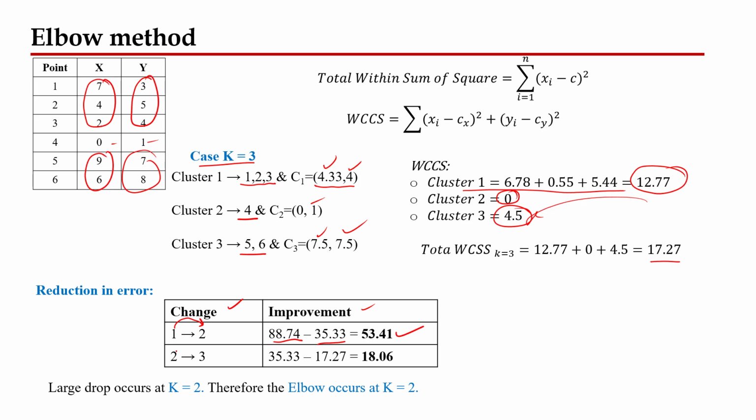But when we move from 2 to 3 clusters, the improvement is only 18.06. So the first is a major improvement. That's why we stop here, and we say that for these 6 observations, 2 clusters is better compared to 1 and compared to 3. I hope you got the idea.